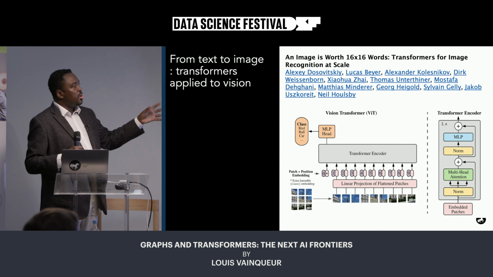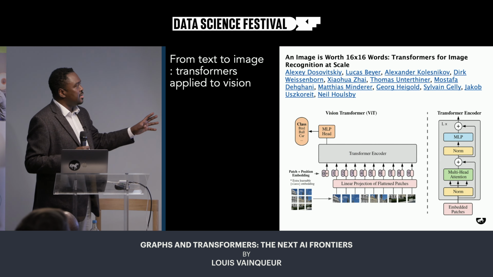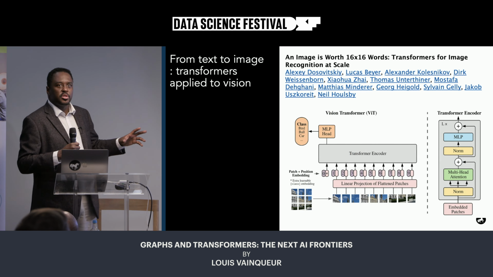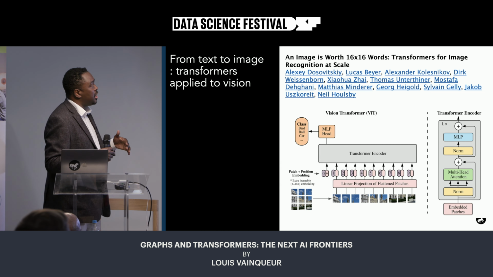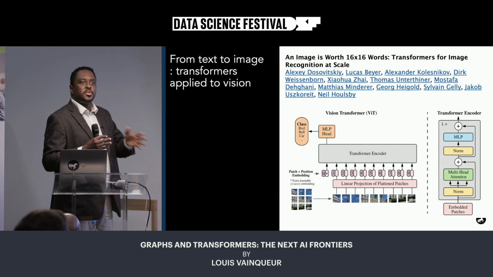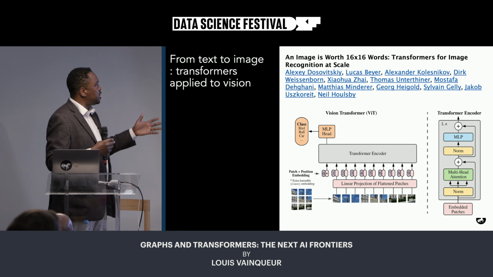What is more surprising, though, is that this architecture that was created specifically for natural language processing also turned out to be working really well in computer vision. And so what you see there is the paper that really opened up the space for the use of transformers in computer vision.